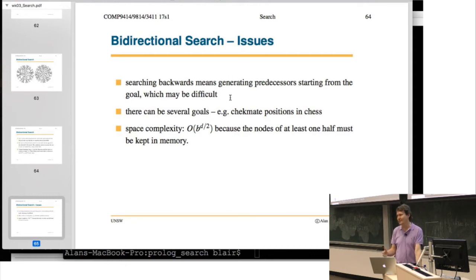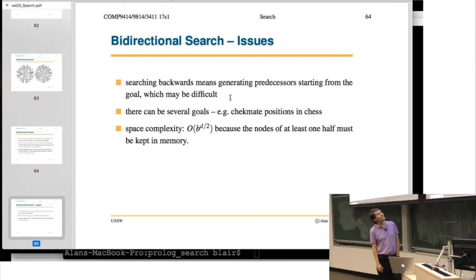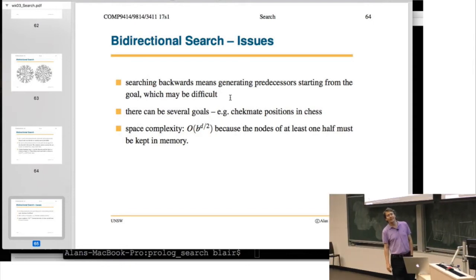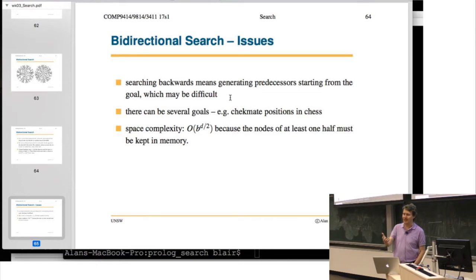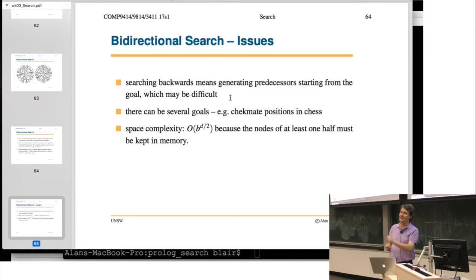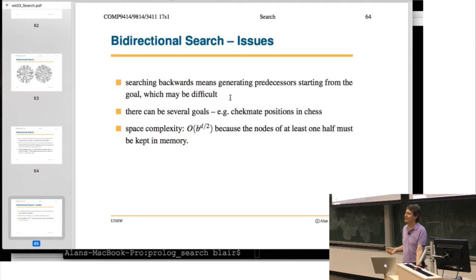Chess is not quite such a good example because it's an adversarial game, but if we think about Infinite Mario, there's multiple ending states, and it may not be easy to run the physics backwards; it may be impossible, in fact. Or if you're playing pool or snooker, it's not easy to go backwards. So there are some situations where you just can't apply this. But when you can, it's quite useful.